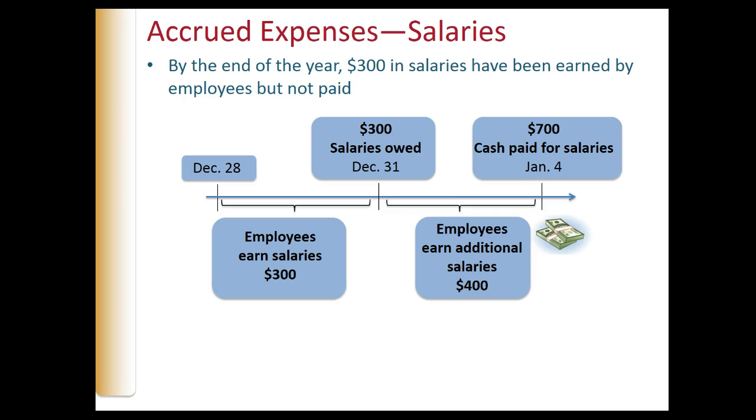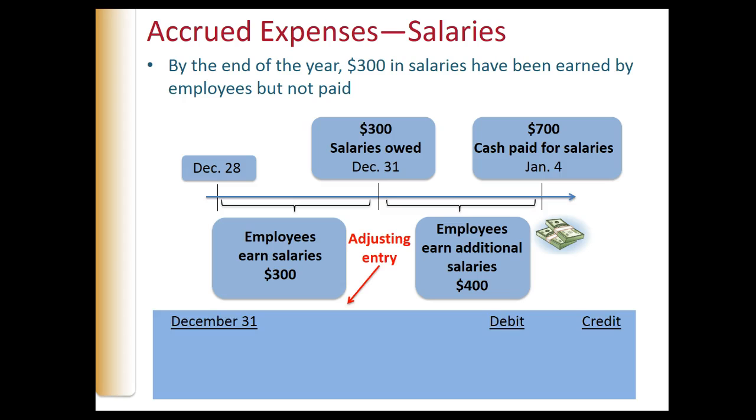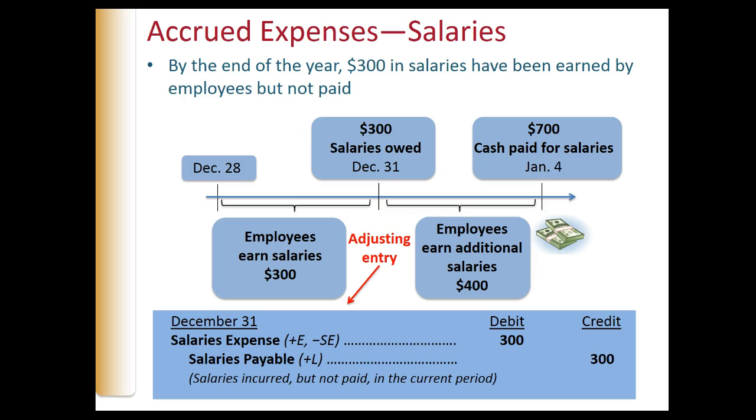The end of the period adjusting entry for accrued salaries is going to be a debit to salaries expense and a credit to salaries payable for $300. Remember, accrued expenses will always have a debit to an expense. They will always have a credit to a payable.